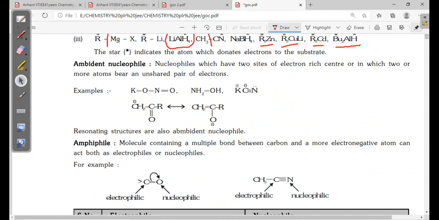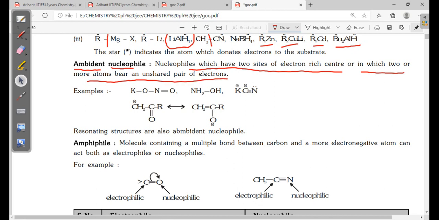The first one is the ambident nucleophile. What is an ambident nucleophile? A nucleophile which has two electron rich centers, or in which two or more atoms bear an unshared pair of electrons. That means two atoms can donate electron pairs.